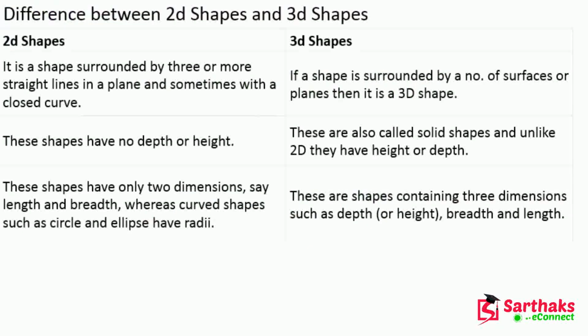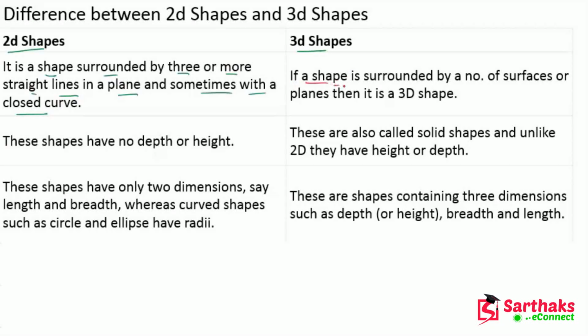Now let's see the difference between 2D shapes and 3D shapes. A 2D shape is surrounded by three or more straight lines in a plane, within a closed figure or closed curve.